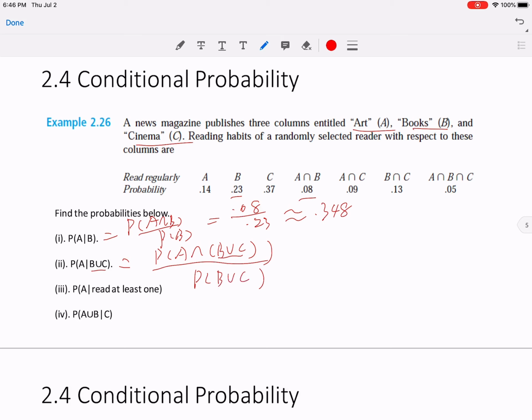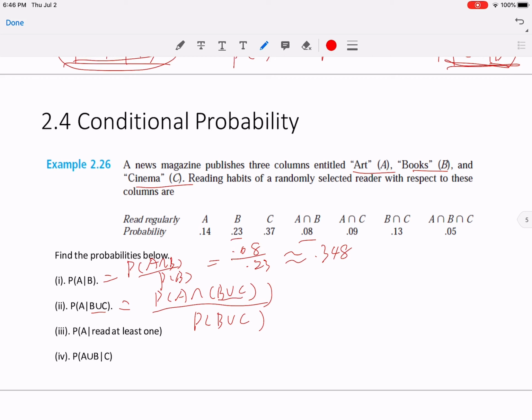Now, how can we find the probability of B union C? We know that the probability of B union C, based on the formula we went over before, is equal to the probability of B plus the probability of C, and then minus the probability of B intersection C. Right?